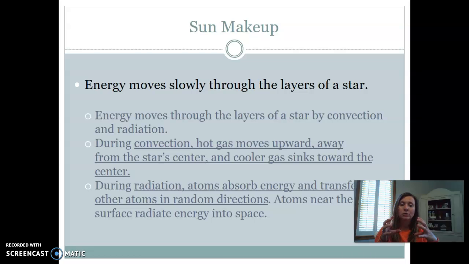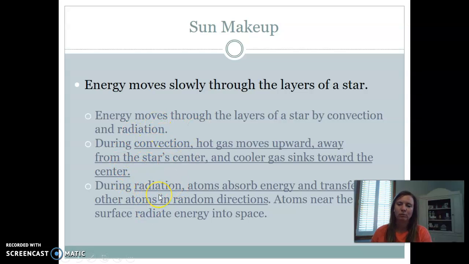It is pretty much taking mass and creating energy. It's pushing together those particles of hydrogen to form helium. And as it does that, it's causing these huge explosions that cause energy to move outward. And that's where we have our radiation, that movement of energy moving all the way through this radiative zone.